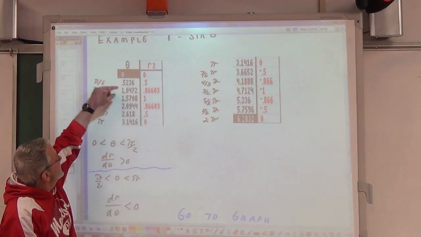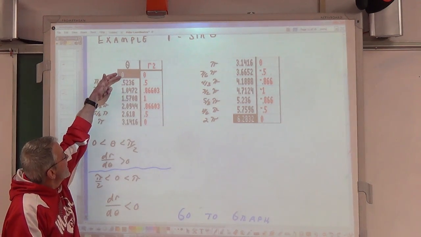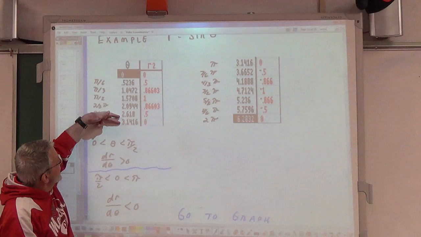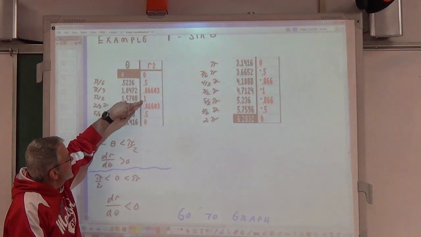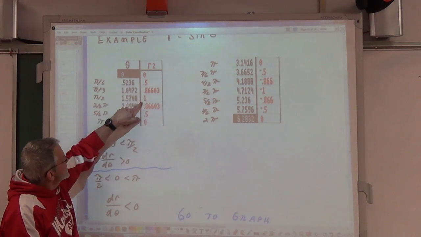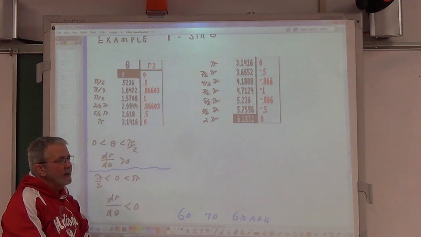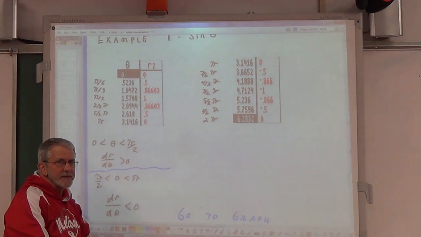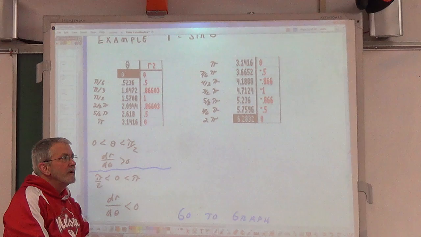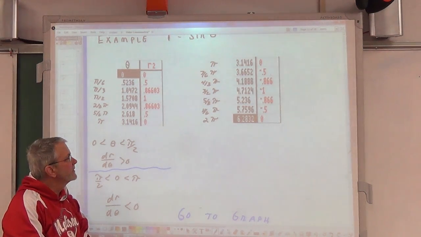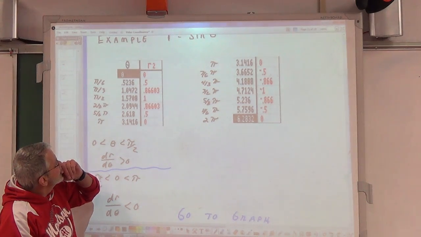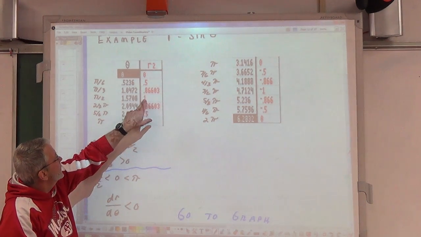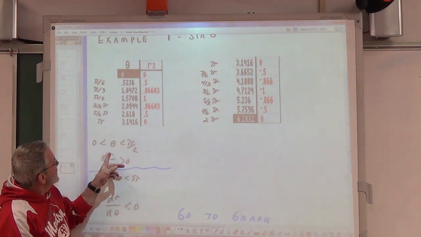And as I discussed before, as theta increases to pi, my r's go up to 1, and then they begin to decrease. Well, this is pi over 2. What does that tell us? Because of the increasing-decreasing test, which is ever present in our study of calculus, if theta is between 0 and pi over 2, what's happening to dr d theta?